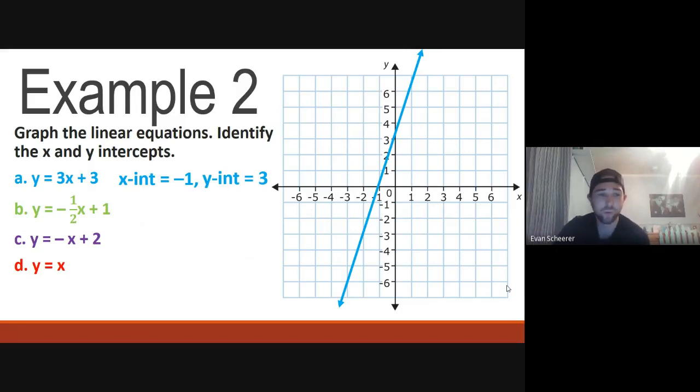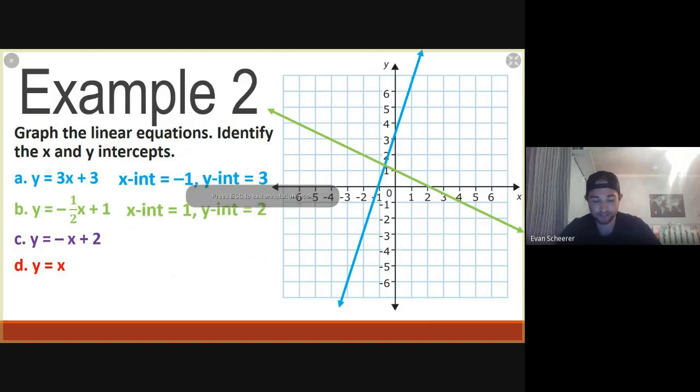For this next one, y equals negative 1/2 x plus 1, we're going to start at 1. And we're going to go down 1 to the right 2, down 1 to the right 2. So this is your graph. And then notice it crosses the x-axis at 2. The x-intercept is supposed to be 2, and the y-intercept is 1. Let me go ahead and fix that.